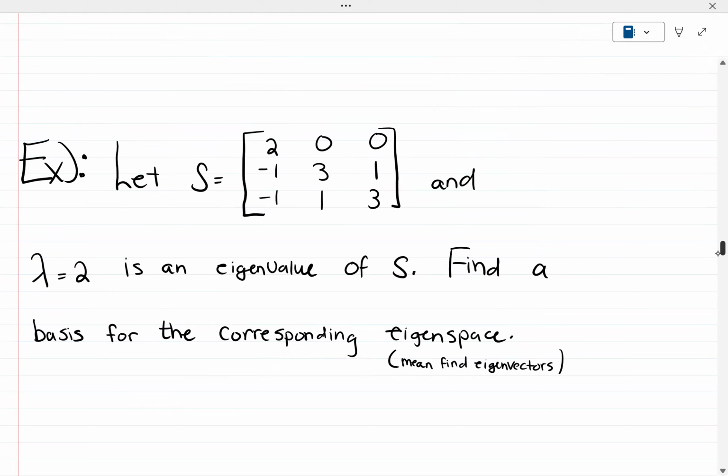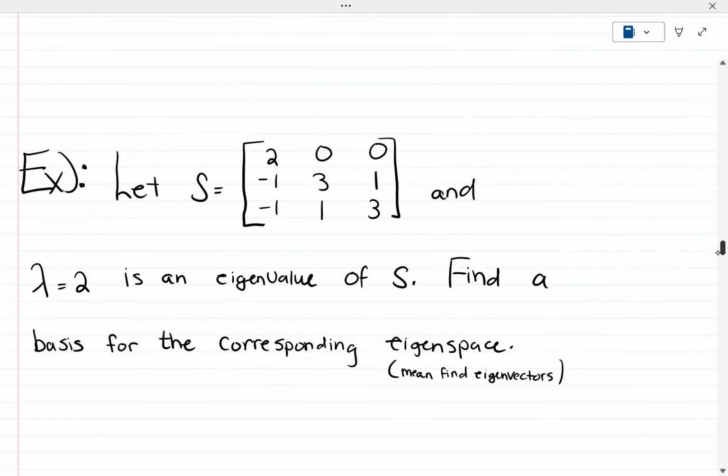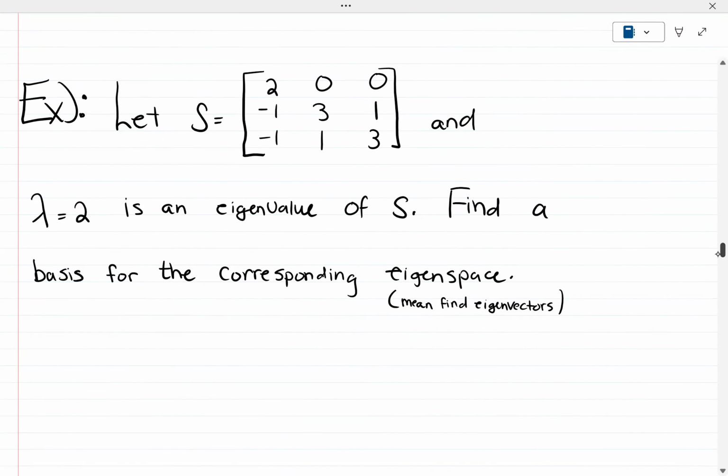Okay, so the next example says let S equal this S matrix, this is a 3 by 3, right? S equals this 3 by 3 matrix and lambda equals 2 is an eigenvalue of S. Find a basis for the corresponding eigenspace, it just means find the eigenvectors.